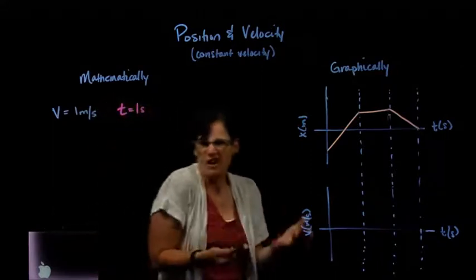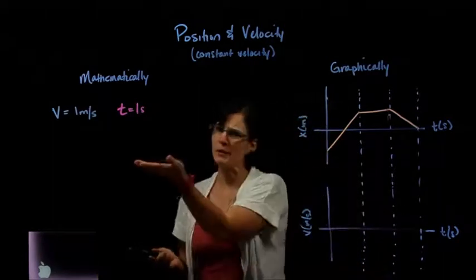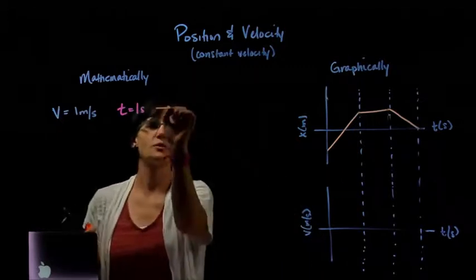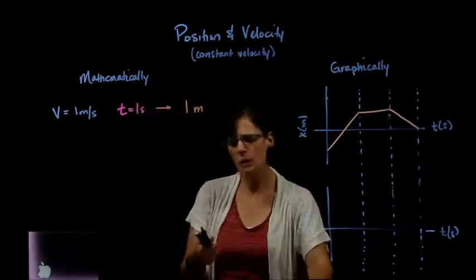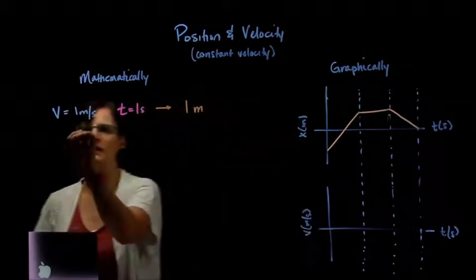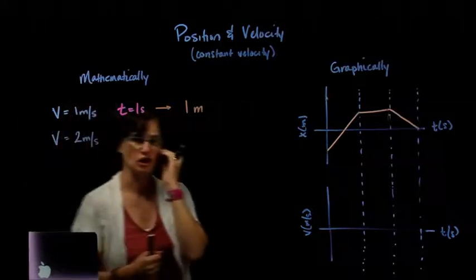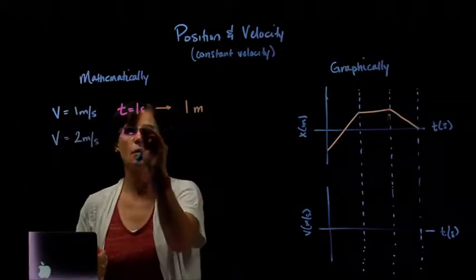How far is that object going to get in that 1 second? Well, if it's moving at 1 meter per second for 1 second, it's pretty clear that it's going to travel 1 meter. Well, what if that object was moving at 2 meters per second, so a little bit faster, and I still want to keep it moving for 1 second?